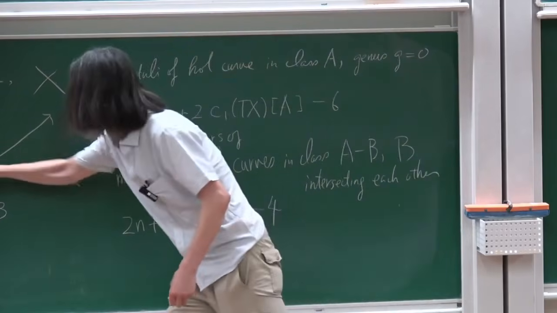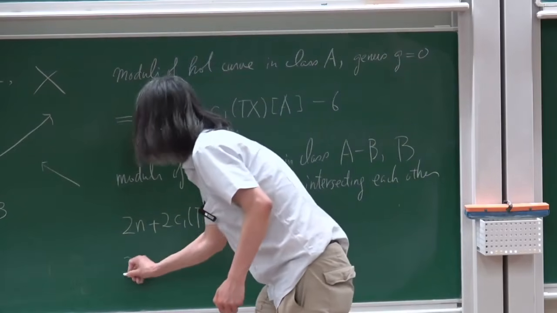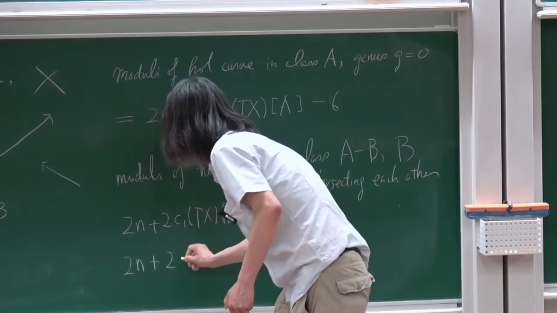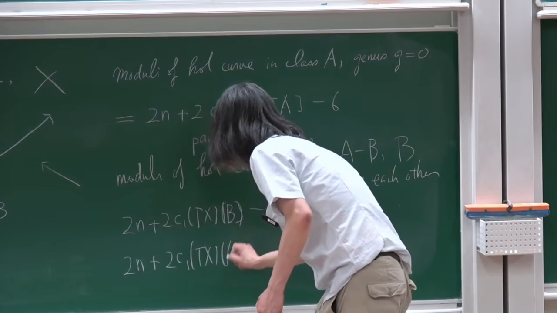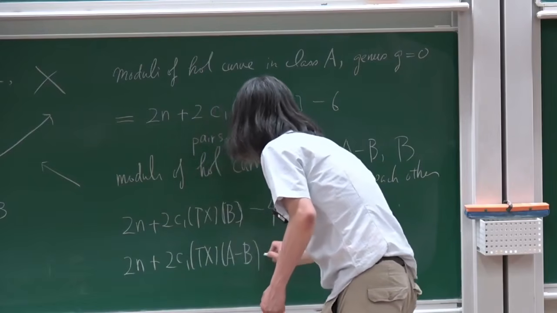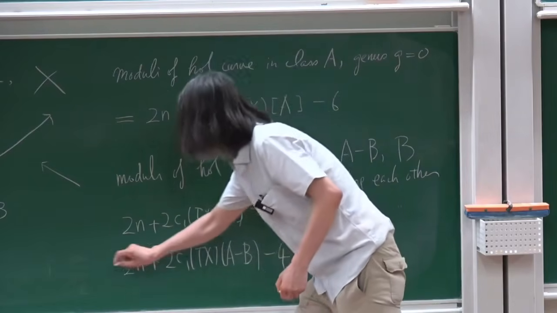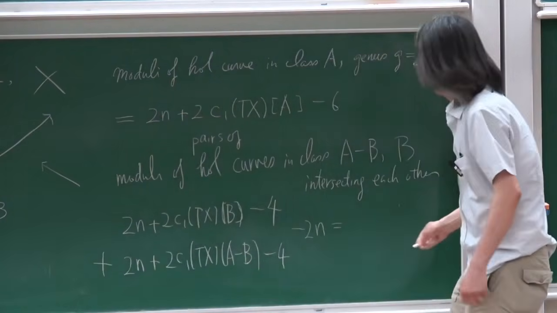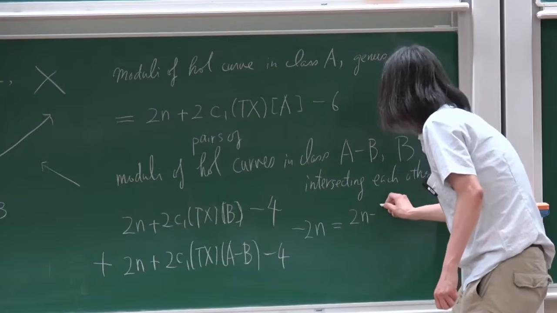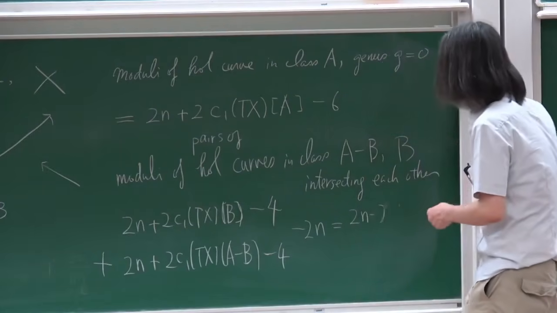So this one is the marked point. And then another one is 2n plus 2c1 of TX of A minus B, and minus 4. And I have to add them up, and then minus 2n. So therefore this one is 2n plus 2c1(TX)(A) minus 2.